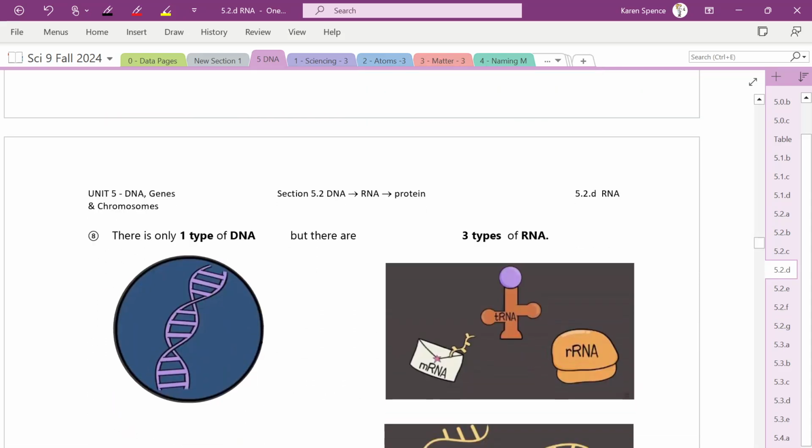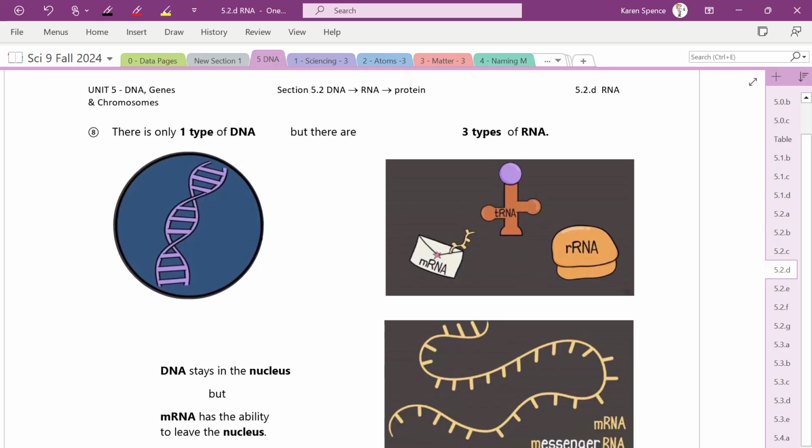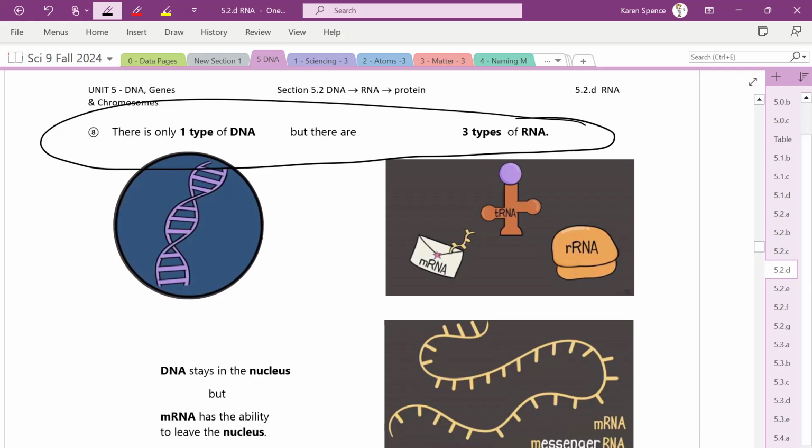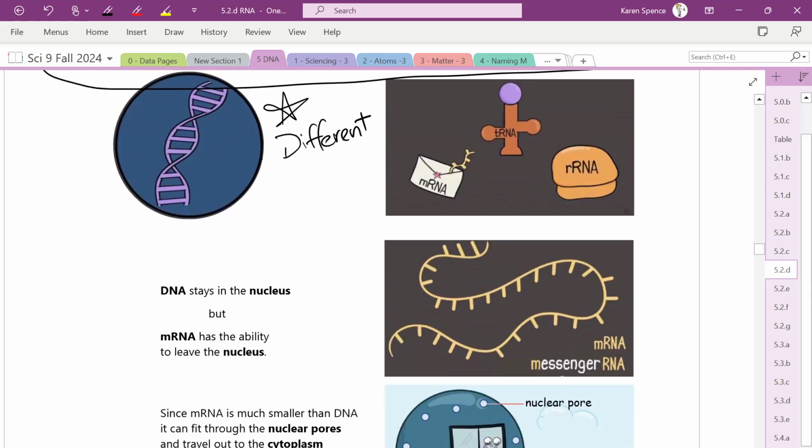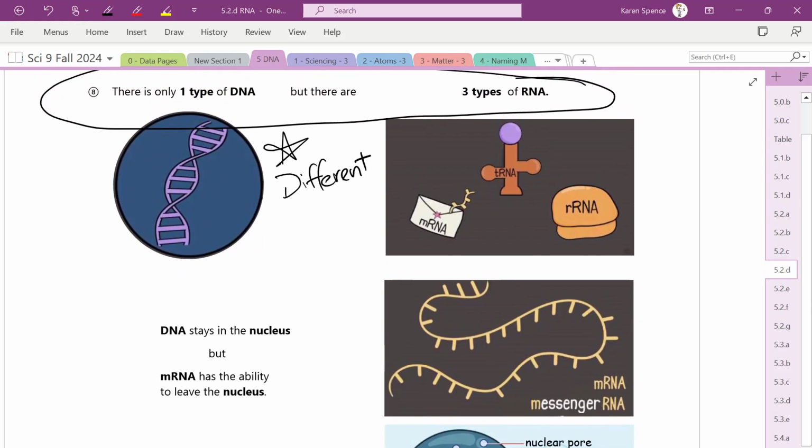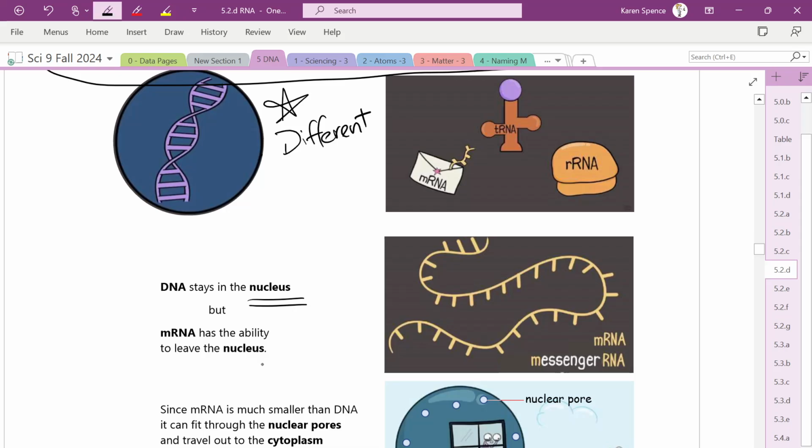Okay, we're now on page 54. There's only one type of DNA, but there are 3 types of RNA. DNA stays in the nucleus. mRNA is both in the nucleus and the cytoplasm.